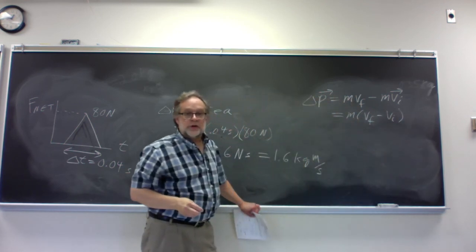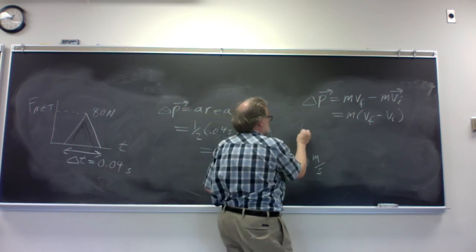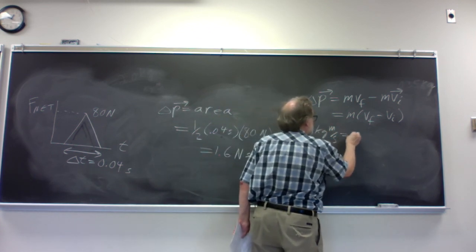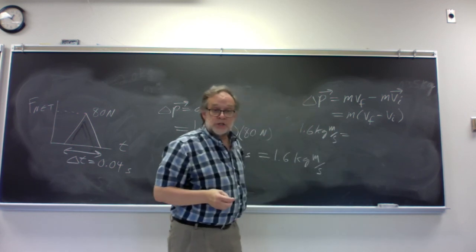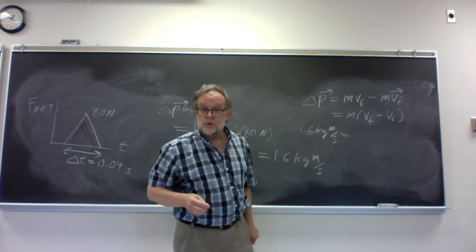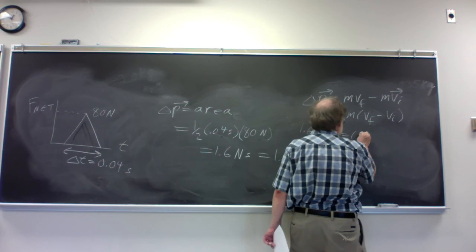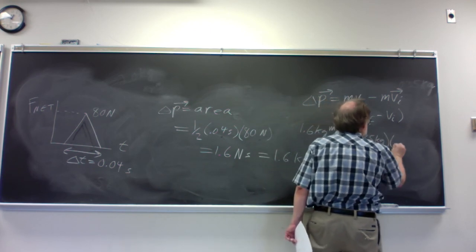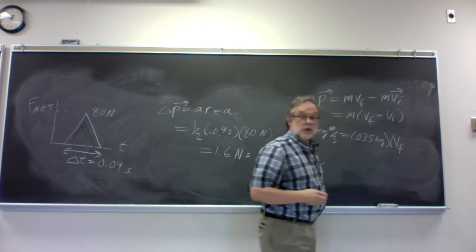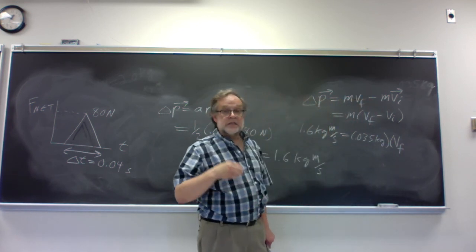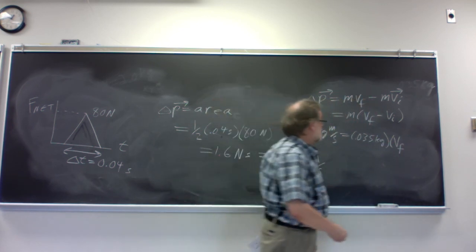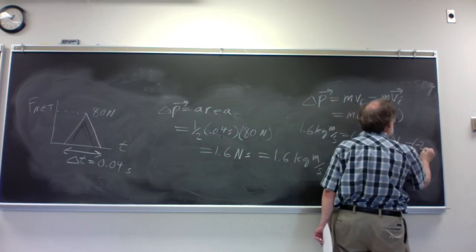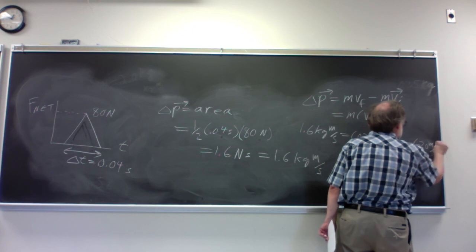Delta P, we just figured out, was 1.6 kilogram meters per second. The mass of that tennis ball is 0.035 kilograms. The final velocity is what we're trying to calculate, and the initial velocity was minus 20 meters per second.